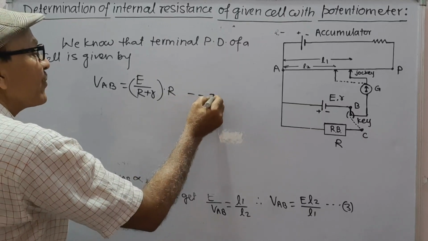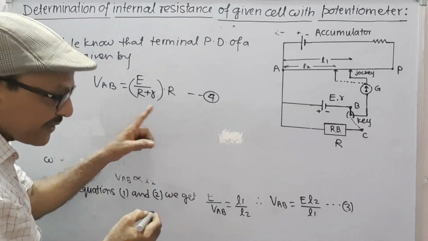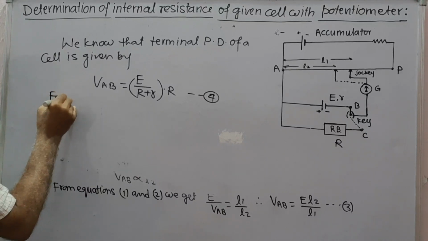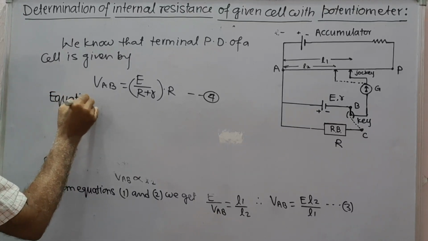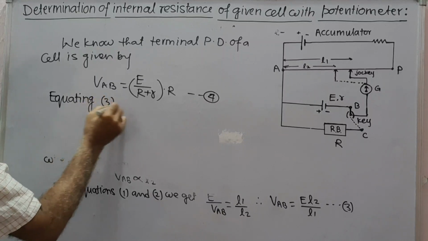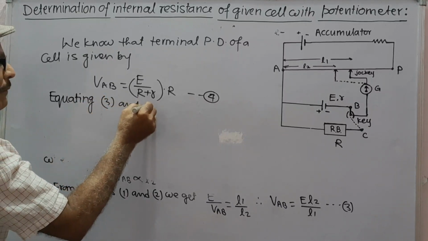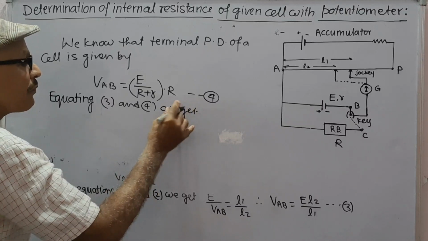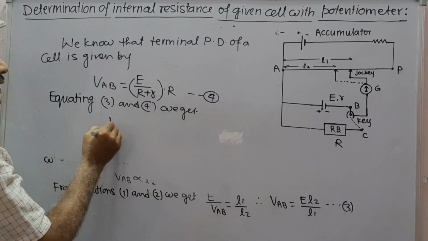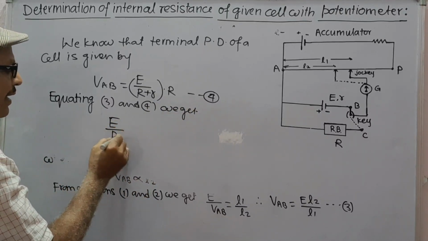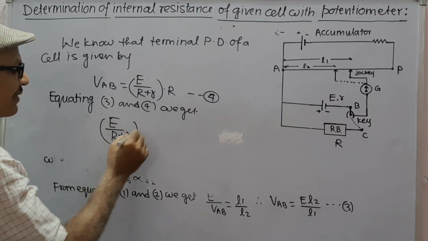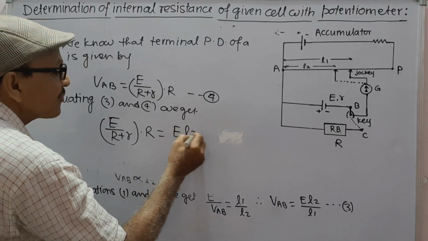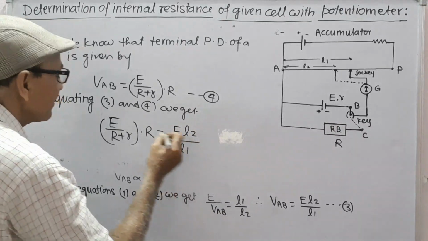This is equation 4. Equating equations 3 and 4, we get E upon R plus r into R is equal to E L2 upon L1.